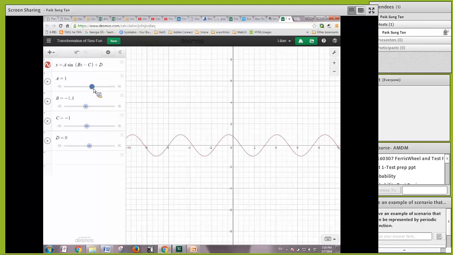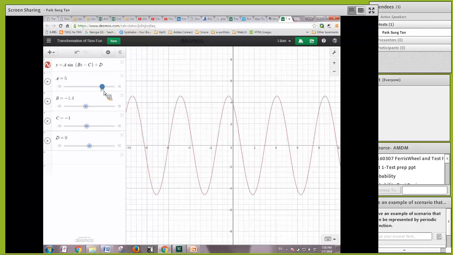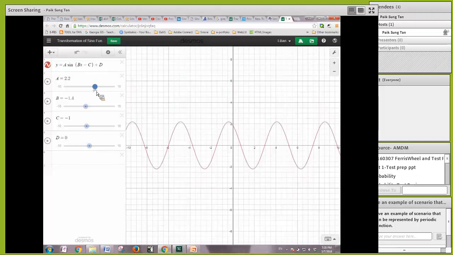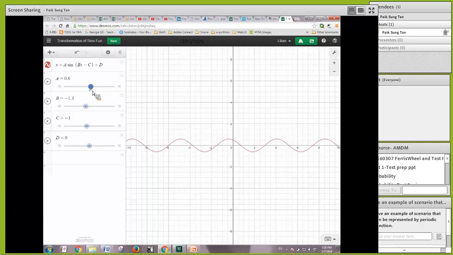Usually A is 1, and that's my normal sine function. Okay, if my A is larger than 1, it gets taller and taller, it stretches it. Right? If my A is less than 1, now it makes it flatter and flatter.